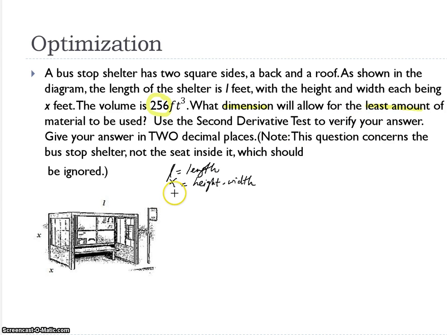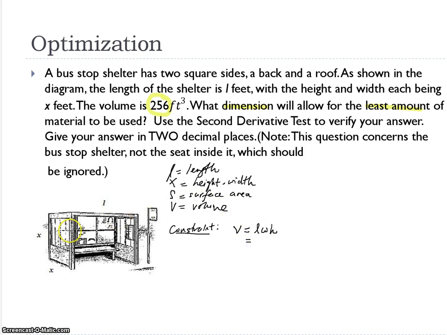So let us use S as surface area and V as volume. Just now we said that the constraint given is the volume. For this cuboid, the volume formula is length times width times height.